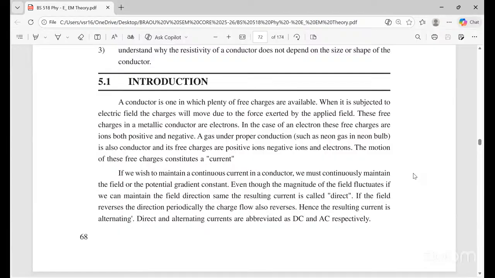The motion of these free charges constitutes a current. I equals Q by t. The ratio of the magnitude of the charge to the time is nothing but a current. So the motion of the free charges constitutes a current.